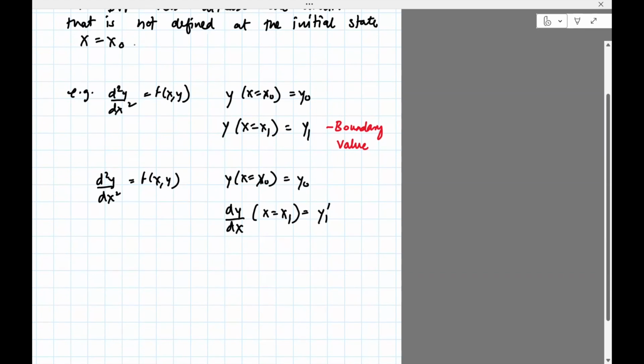One example which just comes to my mind is a simply supported beam. So there's a load, and this is x, this is y.